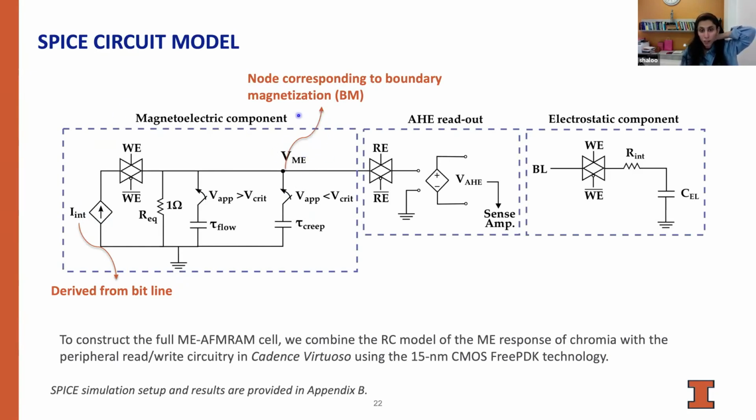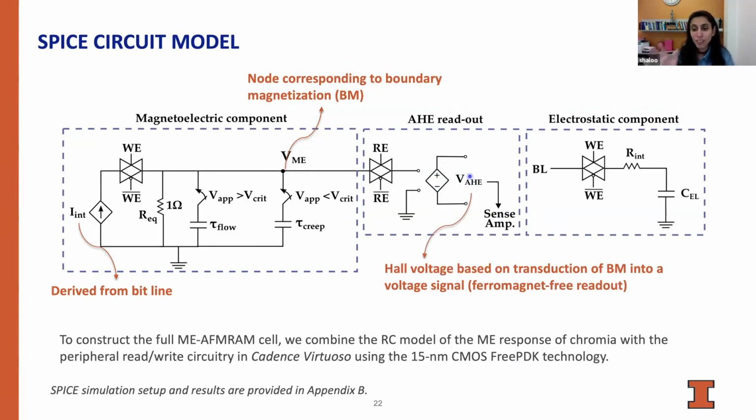Apart from this magnetoelectric component, we also have peripheral and sensing circuitry. So we have this voltage controlled voltage source, which transduces this boundary magnetization into a voltage signal, which then sends it to the sense amplifier, and the sense amplifier converts it into a rail-to-rail swing. What we found when we were doing this is that these signals, I don't know if maybe it's spin Hall magnetoresistance combined with anomalous Hall effect, but whatever, we're getting some Hall signal here.